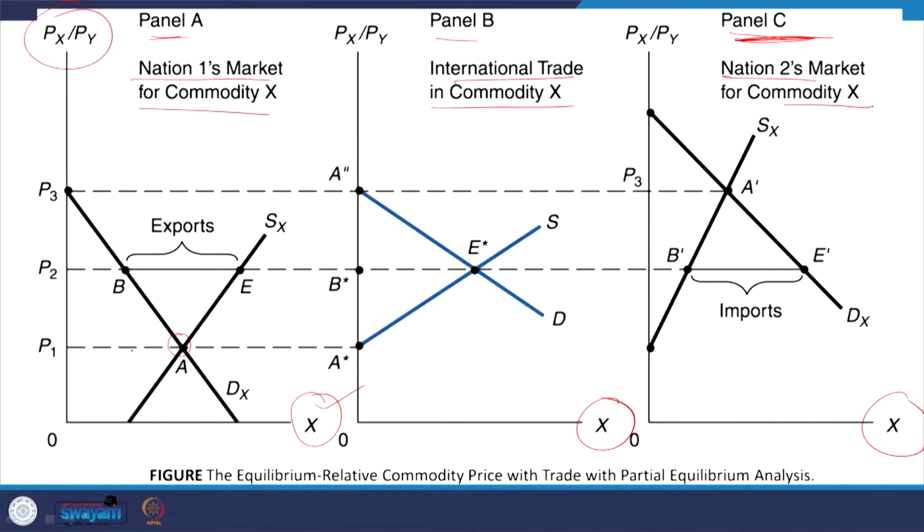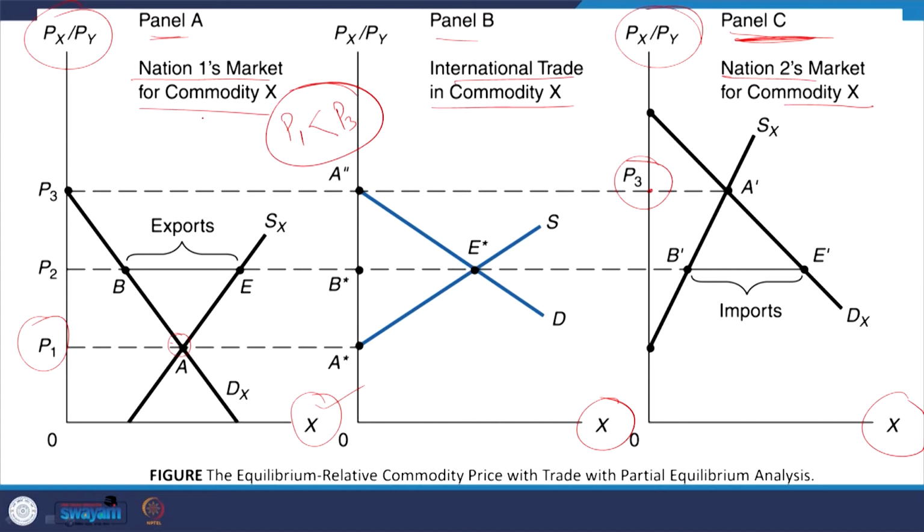Within the domestic country, with certain assumptions, let us say the equilibrium sets at P1. So, the domestic relative price of X is P1 as against Py, whereas in panel C, for the partner country, the relative price stands at P3, and we know P1 is much lesser than P3 so far as the autarky situation is concerned.